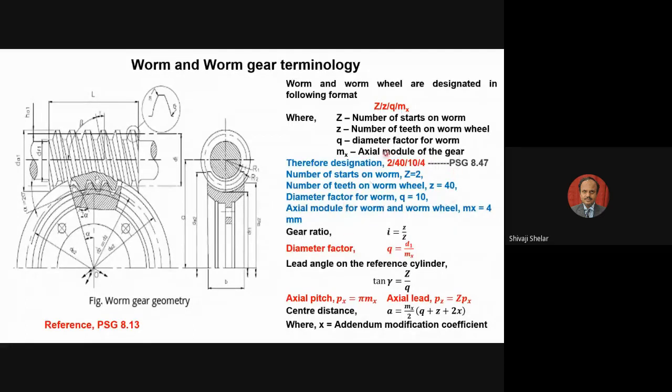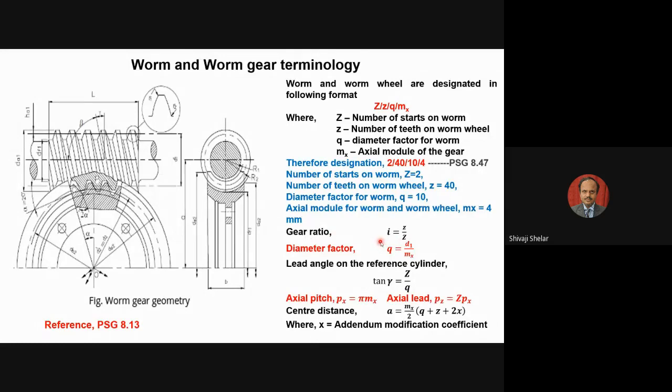So based on this designation, I have written some useful notations to be used in the design. There are numerous notations. If you open the PSG data book, there are numerous notations. Out of that, I have just listed the important notations, like say gear ratio. So how will you define the gear ratio?